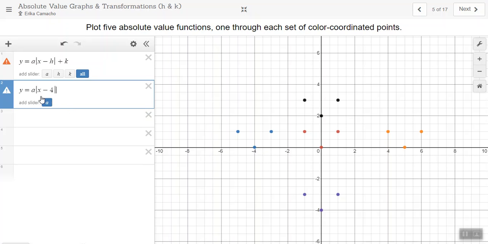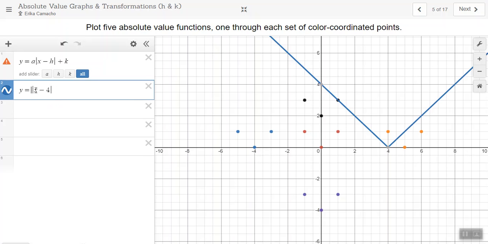The problem is it's not going to graph it for me. Because I'm not sure what to do, let's just get rid of that a for now. Oh, look, it graphed an absolute value function. However, this absolute value function is not going through this point, negative 4.